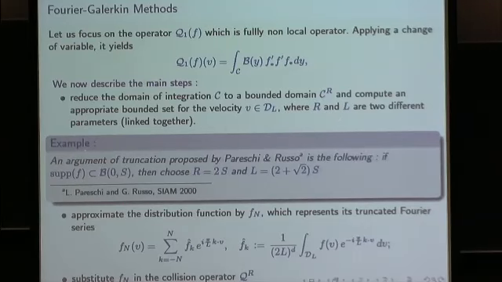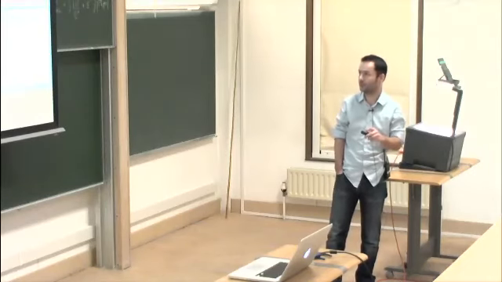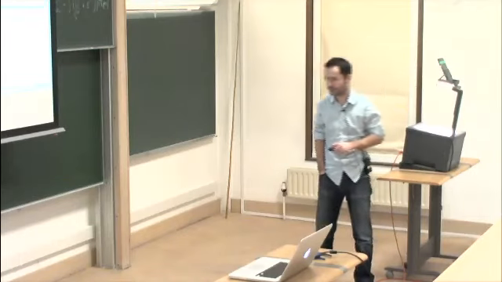For instance, this is done in the work of Lorenzo Pareschi and Giovanni Russo. If you assume that the distribution function is compactly supported, then you can compute the truncation of the computational domain C, and also the computational domain for the velocity v.